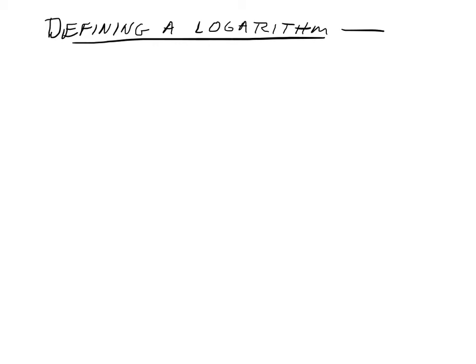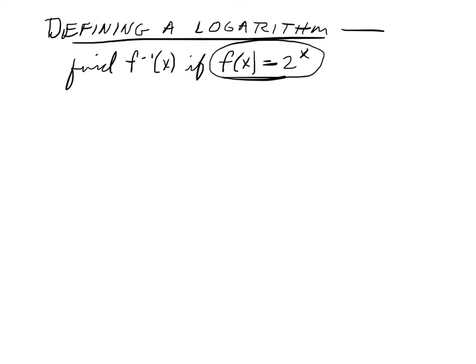Let's say that you are asked to find f inverse of x if f of x equals 2 to the x power. Now you should know that this is an exponential function.